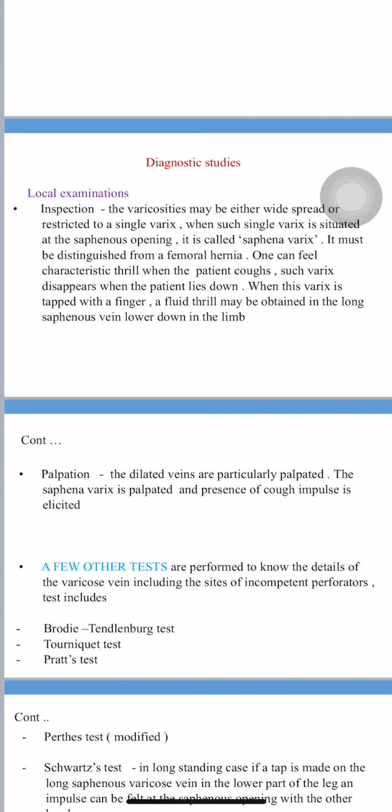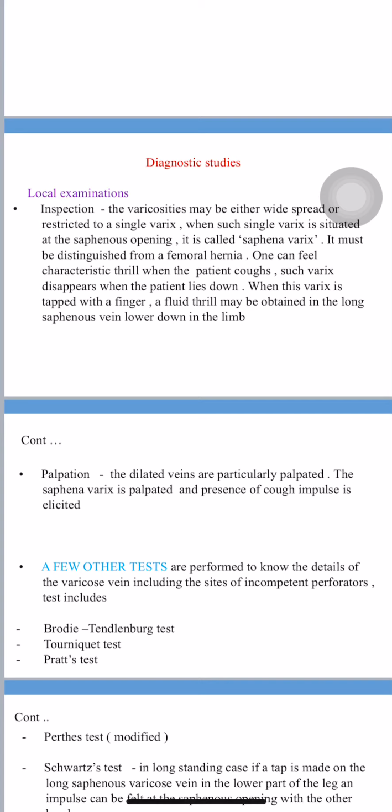The saphenofemoral junction is now compressed with the thumb of the clinician and the patient is asked to stand up quickly. In the first method, the pressure is released; if the varices fill very quickly by a column of blood from above, it indicates the incompetency of the saphenofemoral valve.